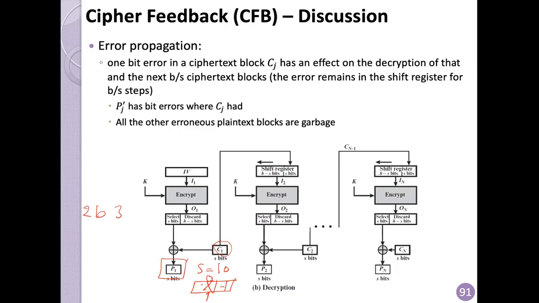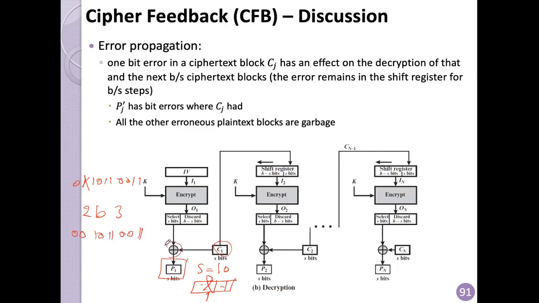This is 2, since this is smaller than 3, this is B, and this is 3, okay, 10 bits. Let's say this bit goes wrong and becomes 0. So instead of 0, 1, I'll get 0, 0, B3. This is a 1 bit error.